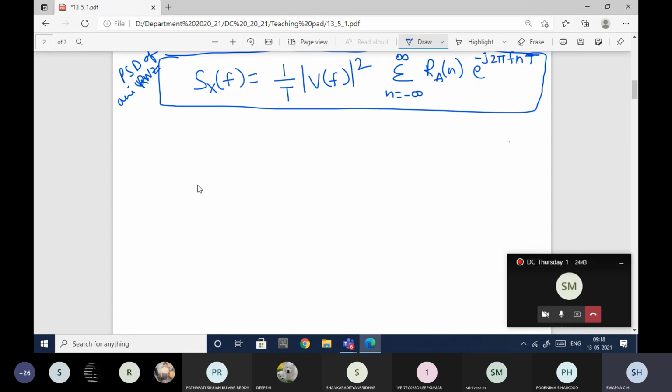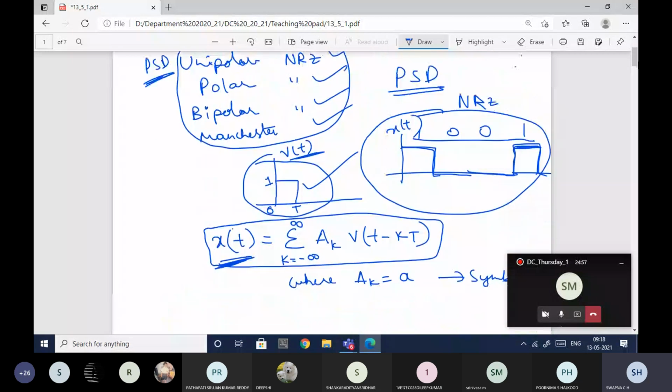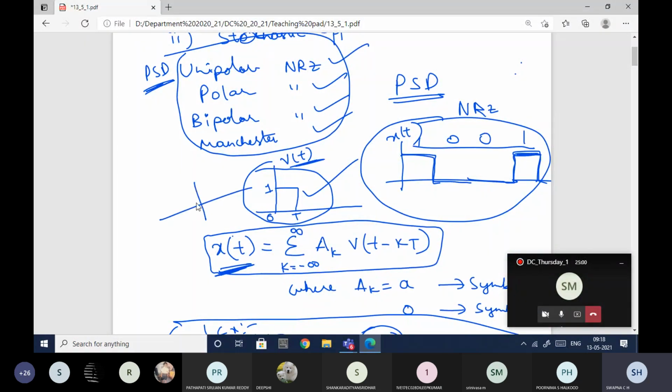Now generally if you observe, V of t is nothing but a rectangular pulse, so V of t can be given as rect t by T. For simplicity, we will take it from minus T by 2 to T by 2, with amplitude 1, and this represents V of t.